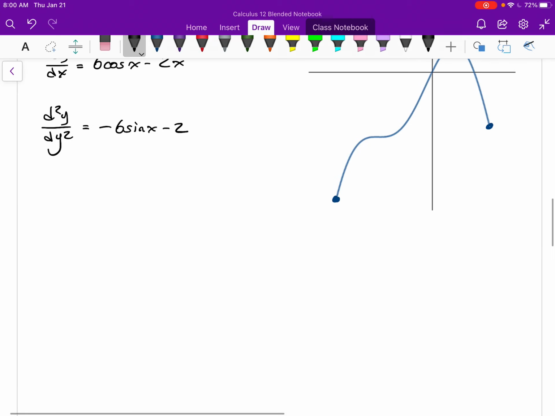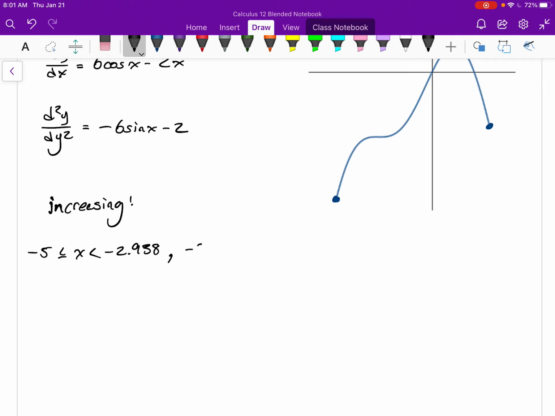And so clearly what I'm about to write down doesn't make any sense unless we are referencing that graph. So increasing. And keep in mind these are approximations. It's as accurate as that technology will give me, as many decimal places as it will give me. Hold on, I wrote that down wrong.